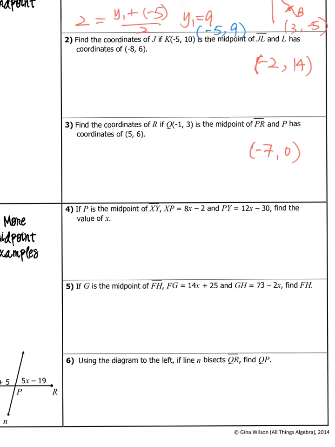So let's see, we have a segment that's X and Y right here. P is right here in the middle. So it's saying XP is 8x minus 2, PY is 12x minus 3. By midpoint, right, this segment and this segment have to be exactly the same length.